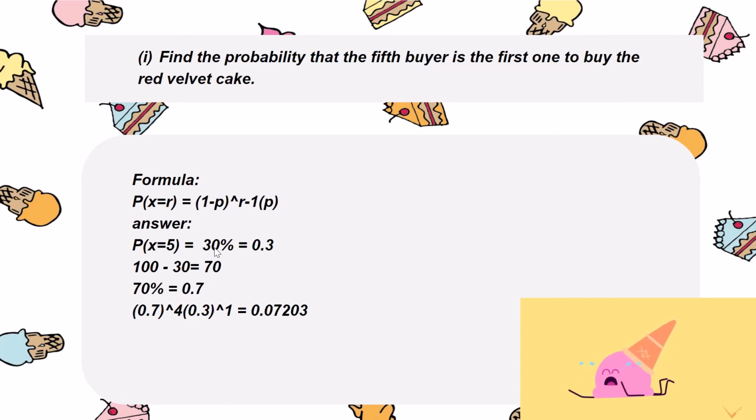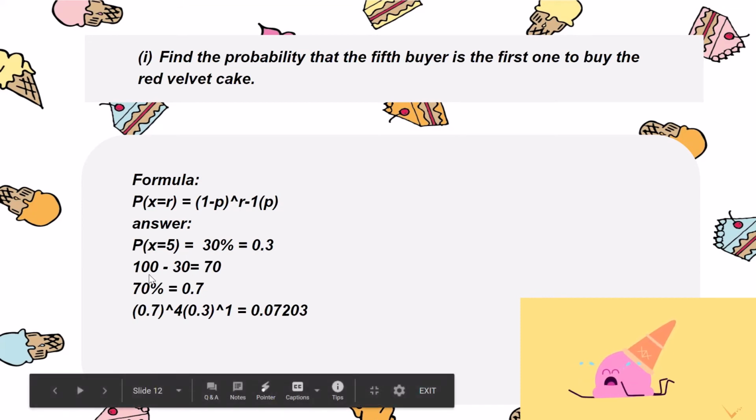The p here is the probability of a buyer buying red velvet cake, which is 30%. In decimal, it comes to 0.3. And 1 minus p means 1 minus 0.3, which is 0.7.